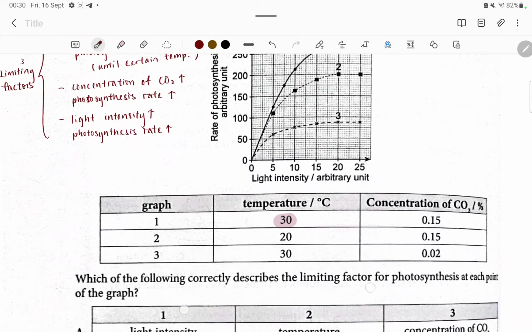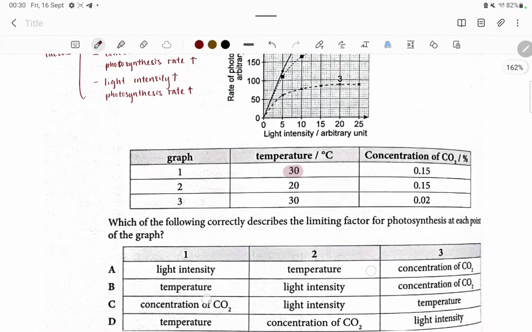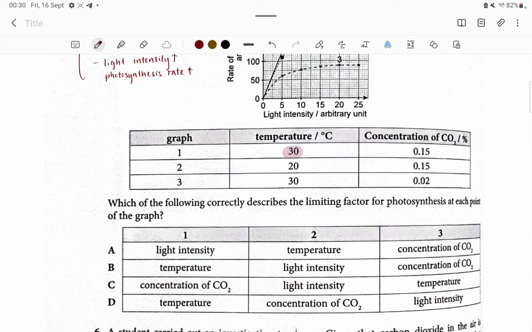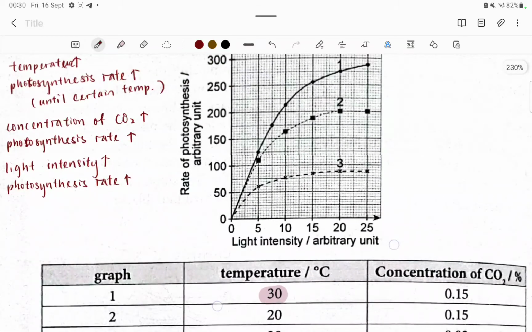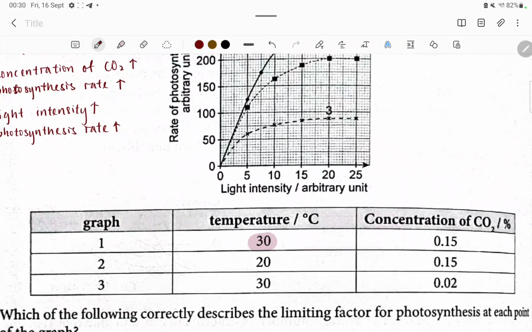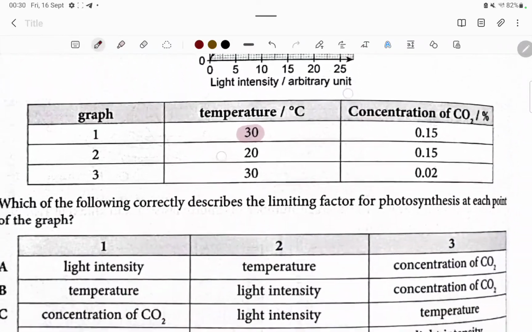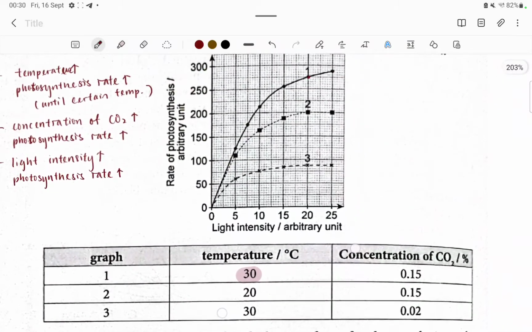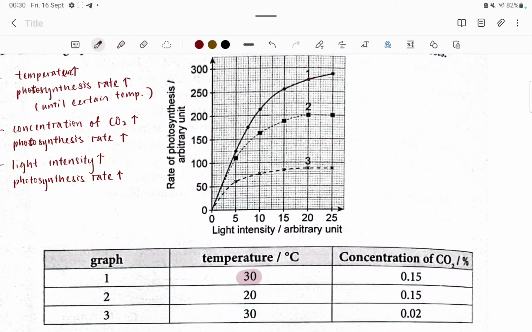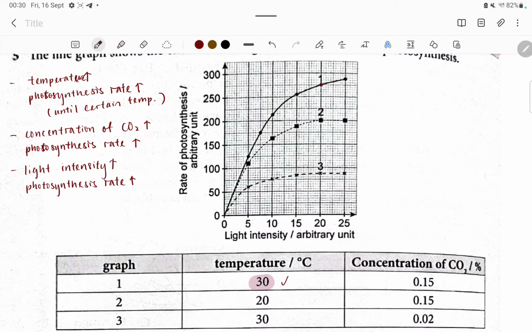Okay, so let's see. Which of the following correctly describes the limiting factor at each point of the graph? So point 1, point 2, point 3. Point 1 is over here, so it's in graph 1. Temperature is high enough, 30.